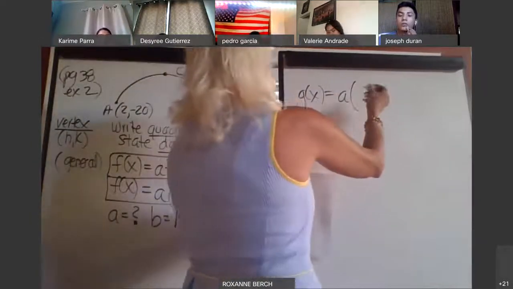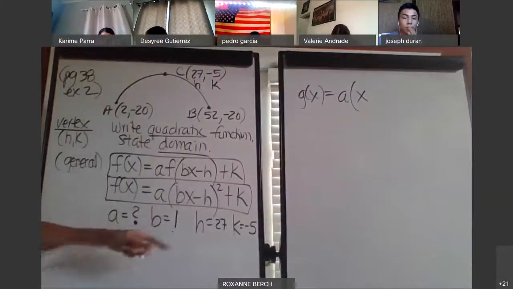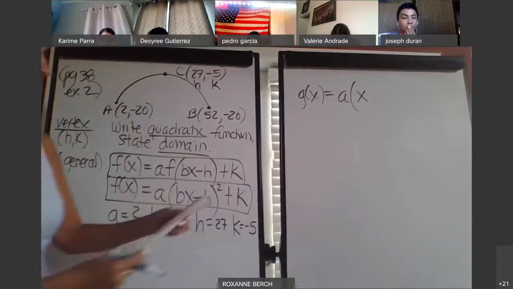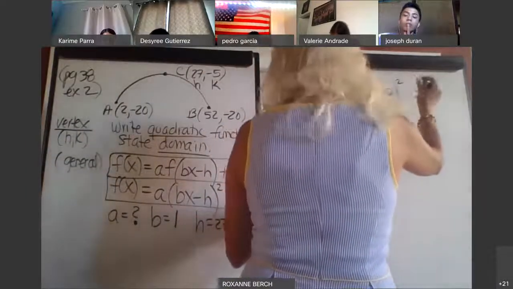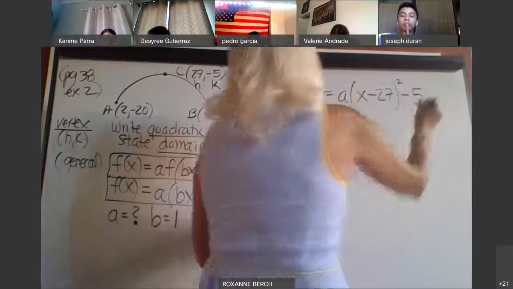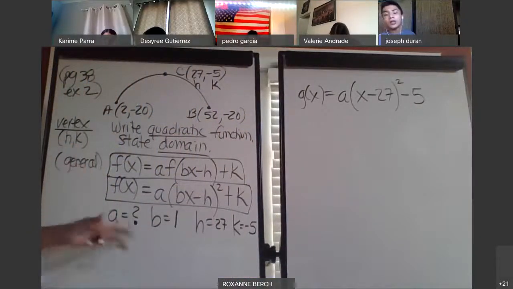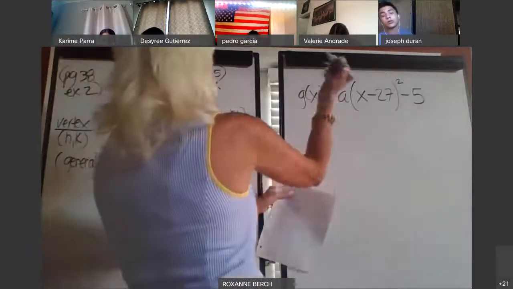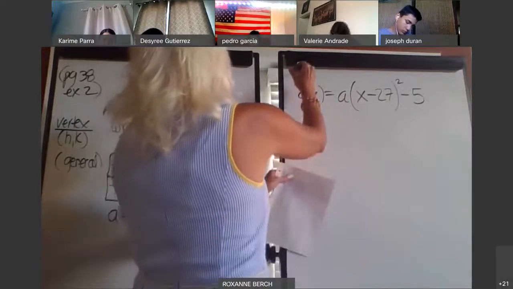And we know that B is 1. So it's 1x. And we know that it's minus 27. And we know that K is minus 5. So think about it. Can't we take one of these points, like A, an easy point?